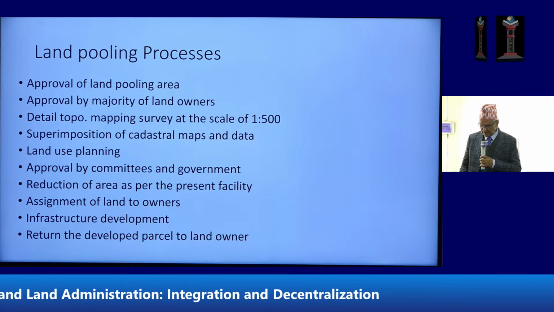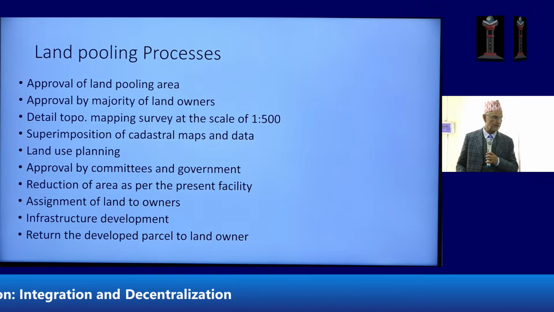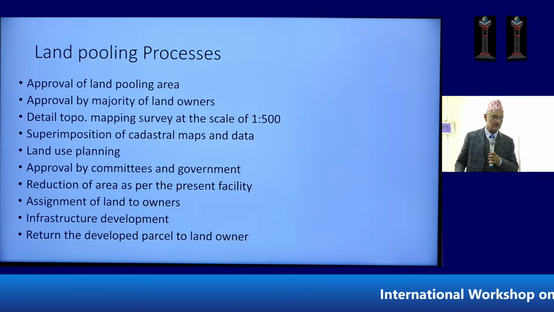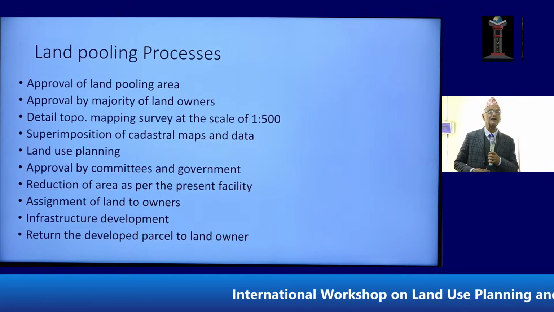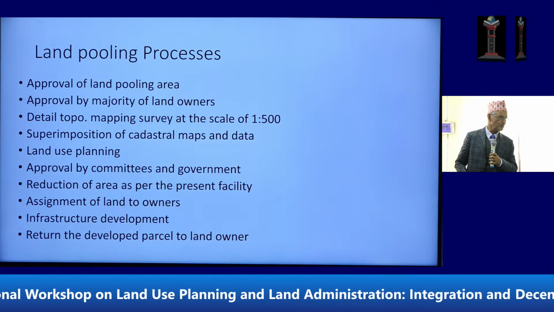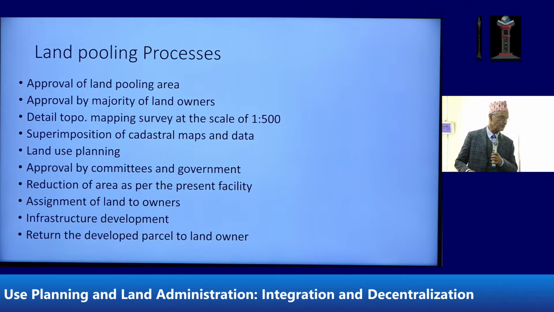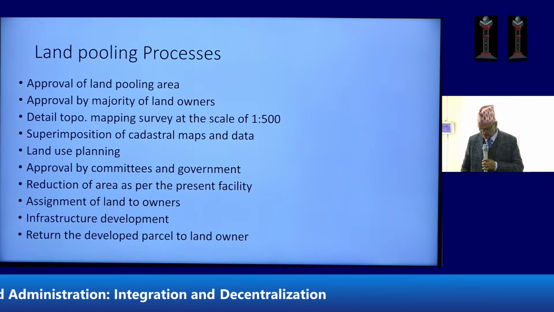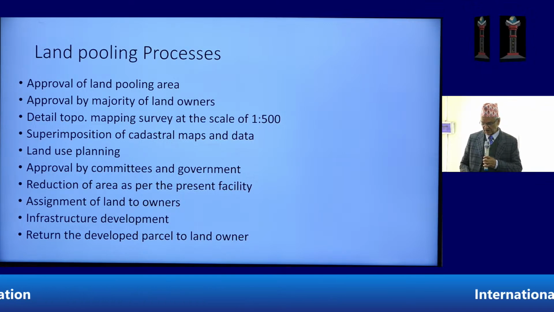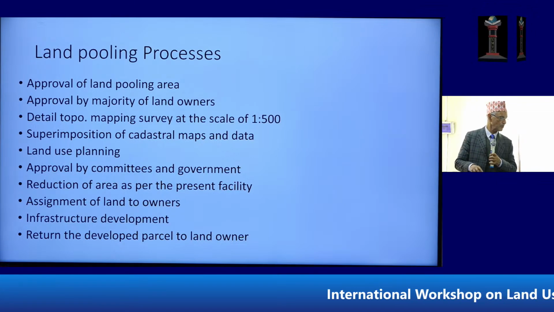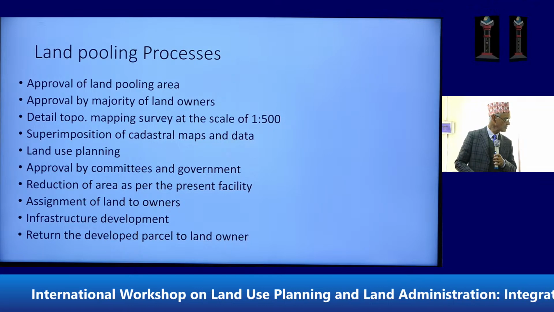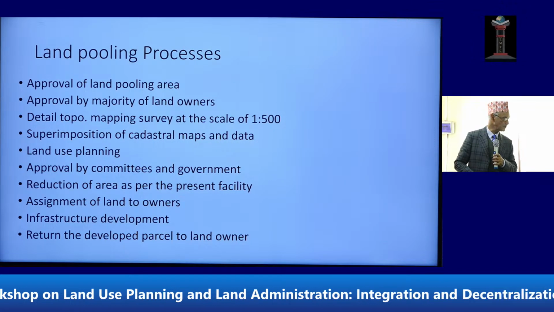And then after the land use planning, we have to present it to the landowners, the stakeholders, for approval, and then we submit to the government, and after the government approval, it will be implemented. The landowners' land is assigned mostly where the land is, but there will be some reduction in size, it can be 38% to 40%.